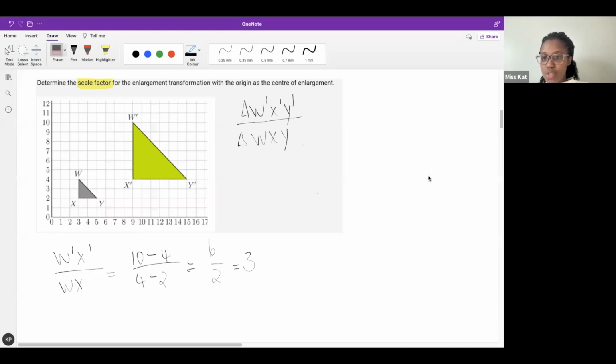Is it 6 because you said 6 divided by 2? 6 over 2 and 6 divided by 2 are the same. So we did divide by 2. So let's do the other two sides just to make sure. X prime Y prime over the original XY: how long is X prime Y prime? It's this one over here. How long is that side? Yes, Setabile?